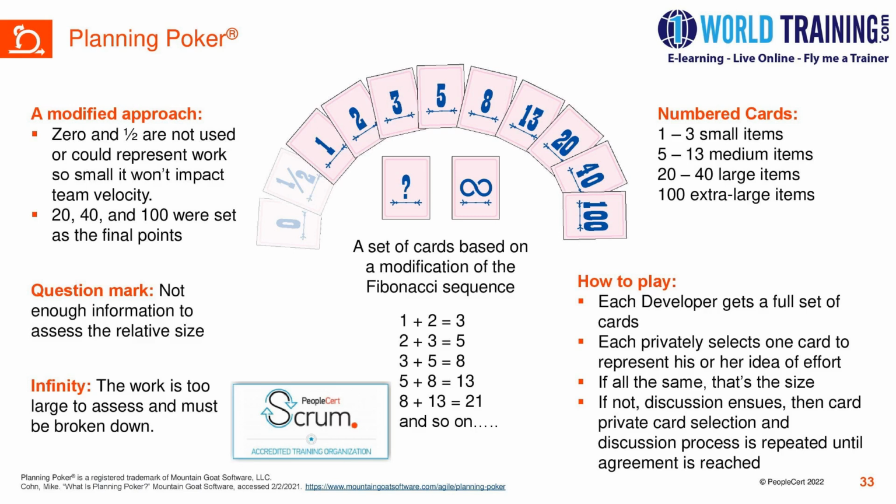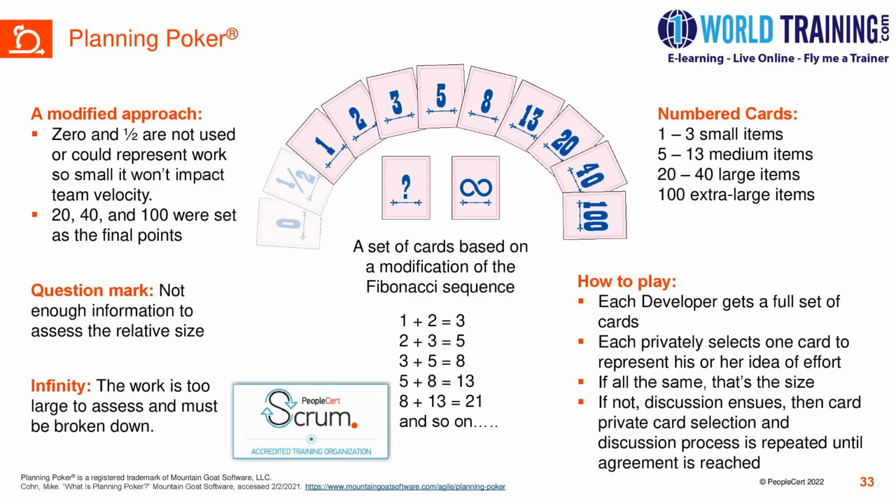All the development teams are given cards starting from size 0 to half, 1, 2, 3, 5, 8, 13, 20, 40, and 100. In addition to that, there are two more cards. One card has a question mark and the second card has the value infinity.